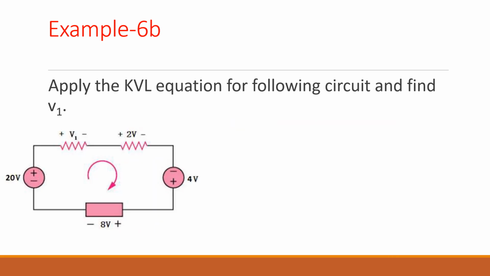We have another example here. Again, I'm starting at a point, it can be any point. I'm going into plus 8 and then negative 20, then plus V1 plus 2 minus 4 equals 0, because I'm coming back to the start point.